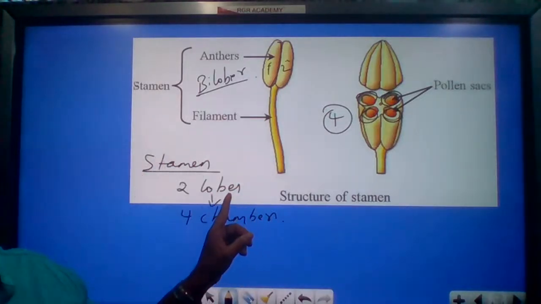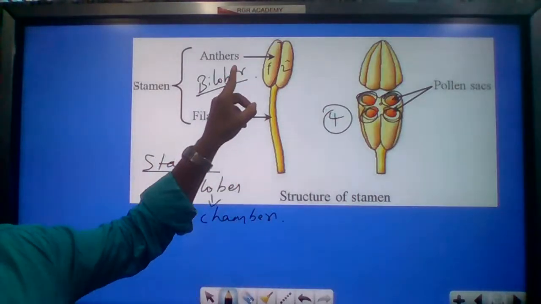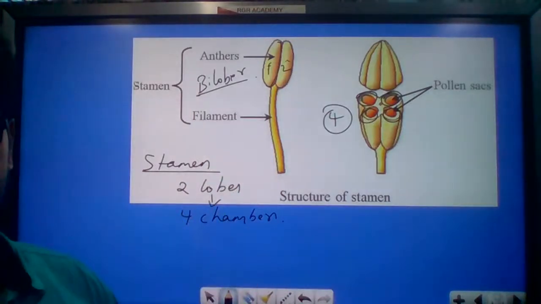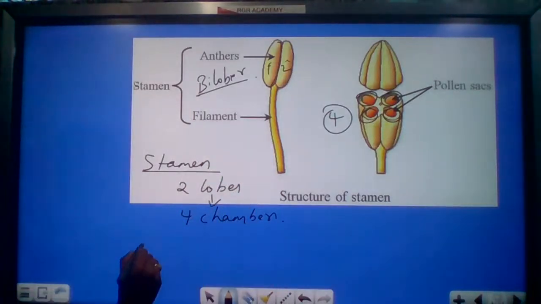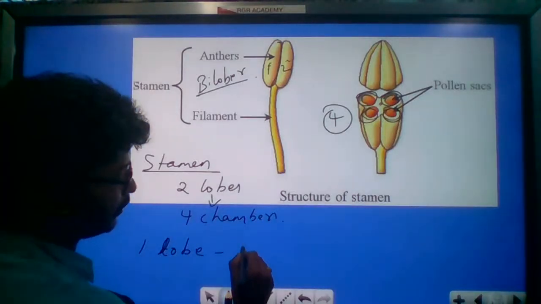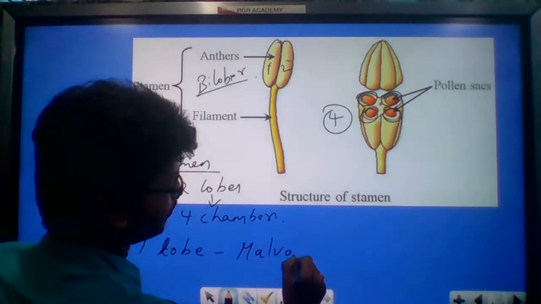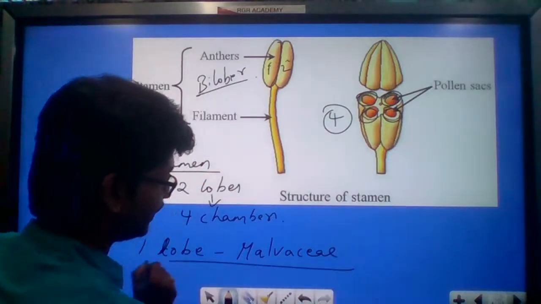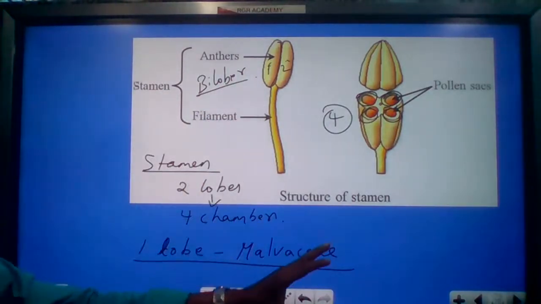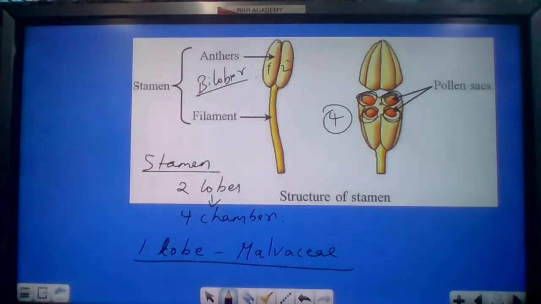There are certain cases where the anther consists of only 1 lobe, for example the family Malvaceae. But in other cases you often see bilobed structures only.